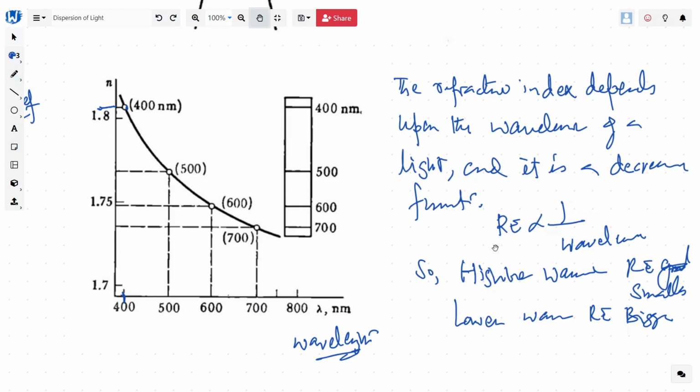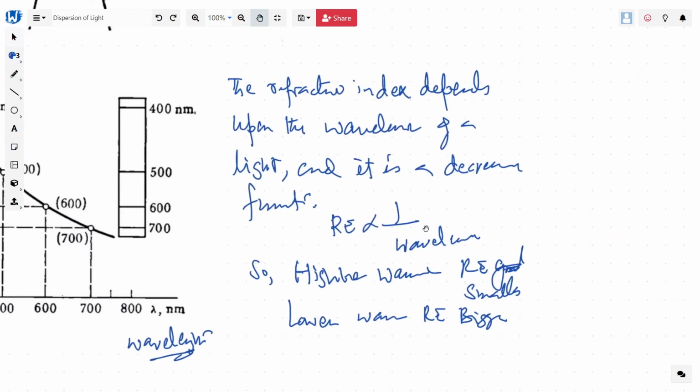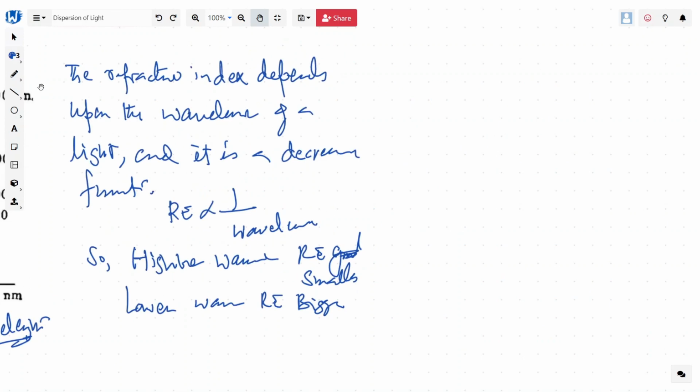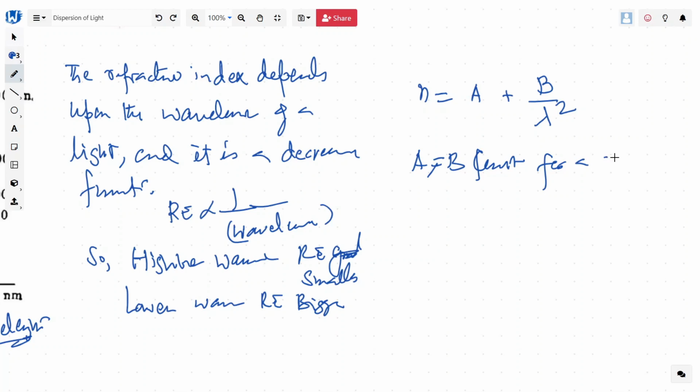Now there are different ways, using different formulas, you can express that, and by experiment we found a couple of formulas. I'll just mention them for you. One is n is equal to a plus b divided by lambda square, right? We didn't say that it is directly proportional, we said it's a function, and here it depends on lambda square, where a and b are constants for a given medium.